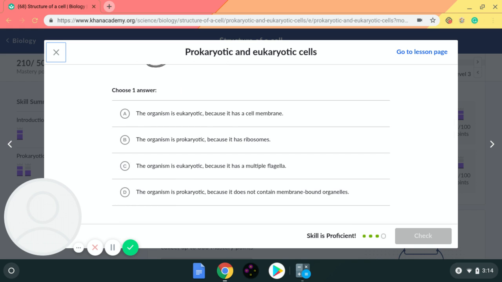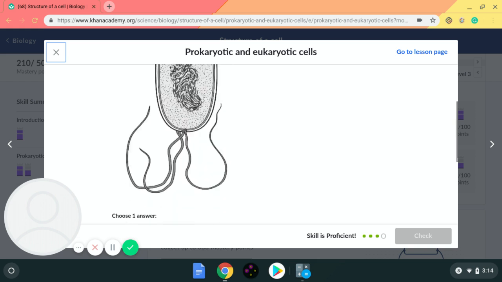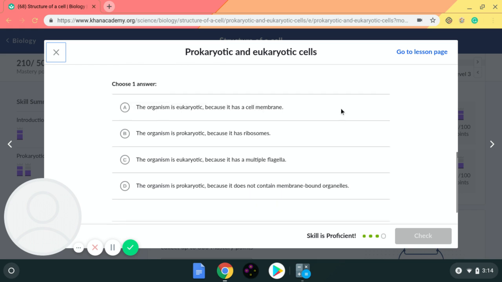Okay, that's not an option, however, it is still true. But you notice how there are no organelles floating around in there, and there's just a clump? Well, that is also another thing that separates prokaryotic cells from eukaryotic cells. So D is the right choice.